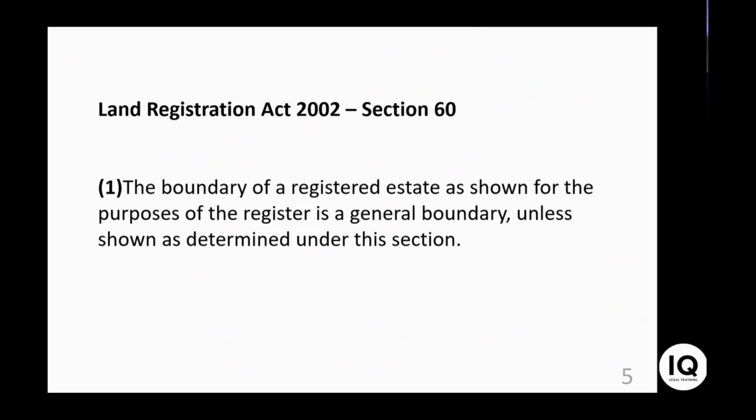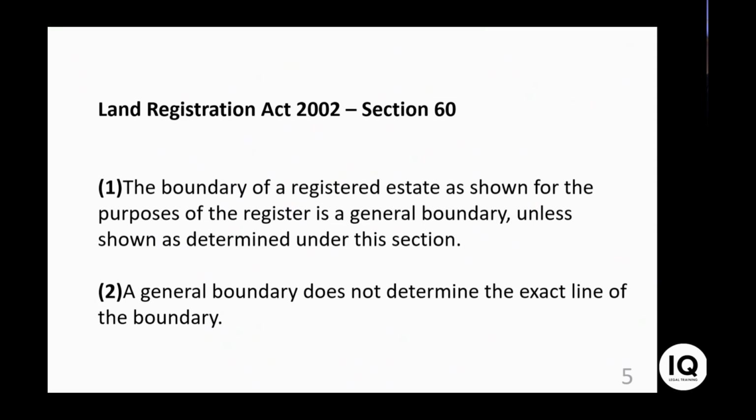So we are talking about the Land Registration Act is not looking at a precise boundary, it's looking at the general boundary. We focus on the word general, and the point there will emerge as we go through it, but it's not saying exact or something of that nature.